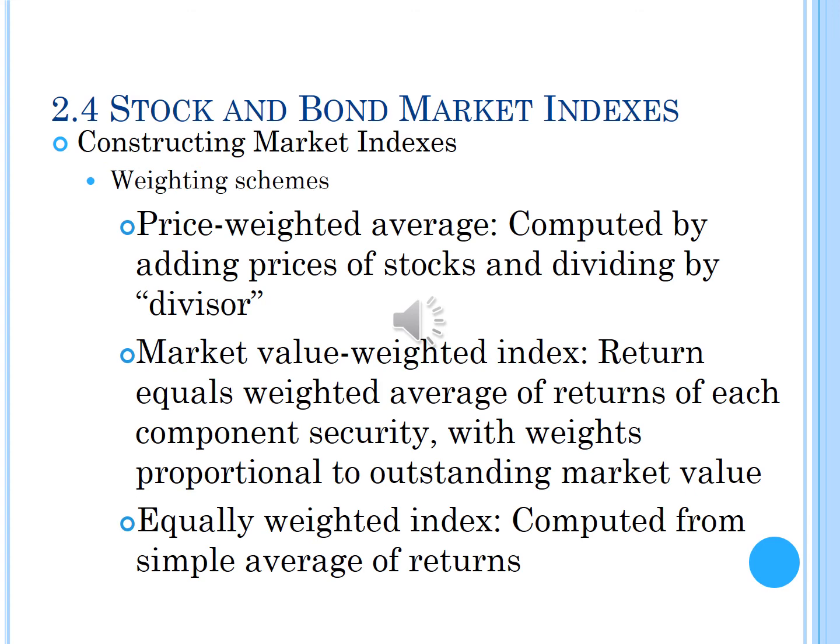And finally, we have the simplest weighting scheme, which is the equally weighted index, which basically computes a simple average of returns, taking all the returns of the stocks that are included in the index and dividing them by the number of securities included. So if we have 30 stocks, we take the returns of all of these and we calculate the simple average of return by dividing the total returns by the number of securities, which is 30 in this example.